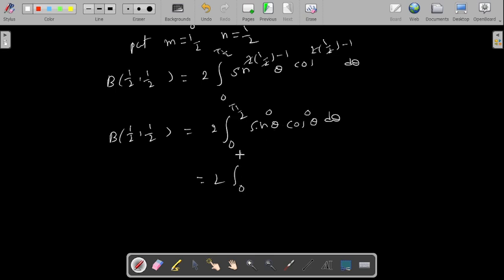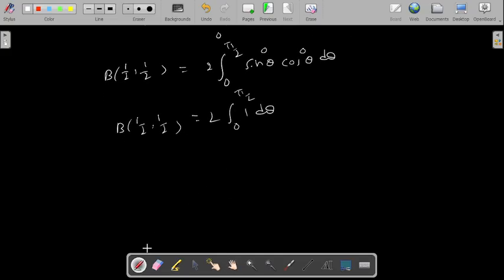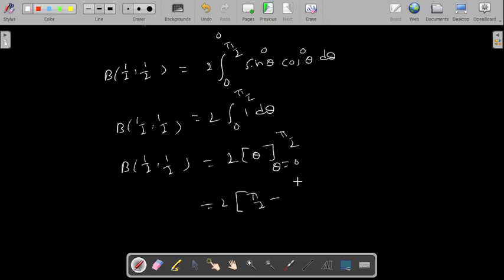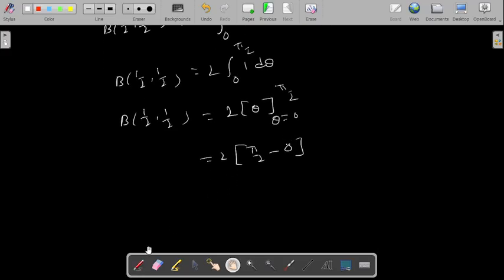So what is the value? Integral 0 to pi by 2 of 1 d theta. So beta of 1/2 comma 1/2 equal to 2 into theta from 0 to pi by 2, that is 2 into pi by 2 minus 0. So this value will be pi.